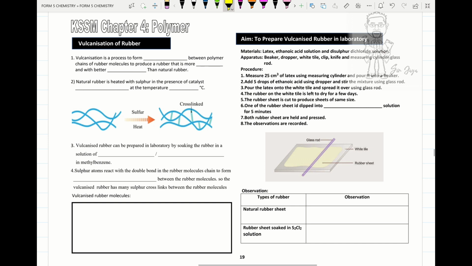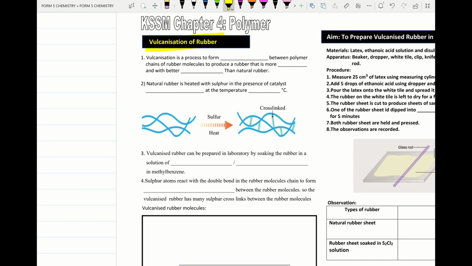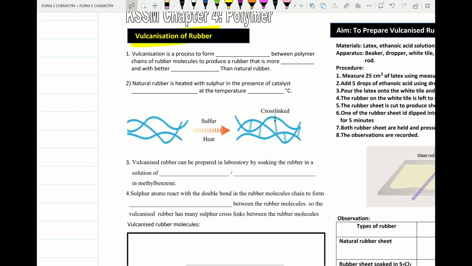All right, so next part we try to check the vulcanization process in order to strengthen or harden the natural rubber. So vulcanization is a process of forming sulfur crosslinks between the polymer chains of natural rubber molecules to produce rubber that is more elastic and has better properties or better quality than the natural rubber.